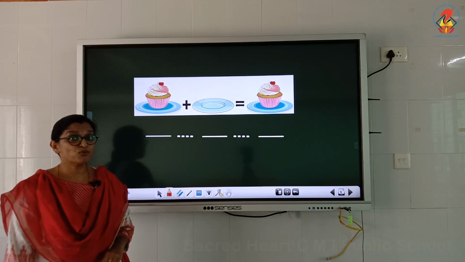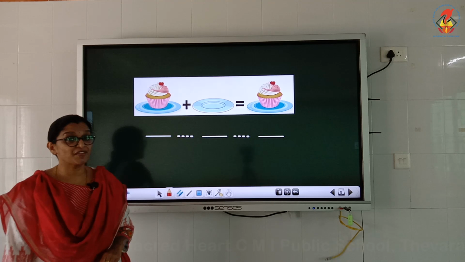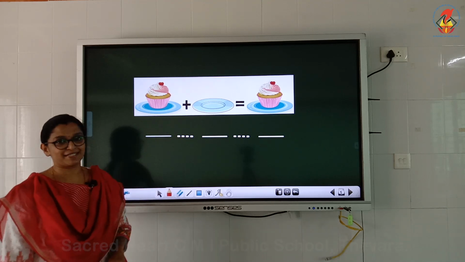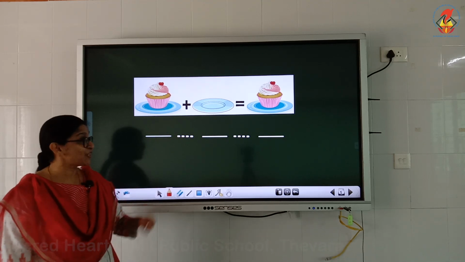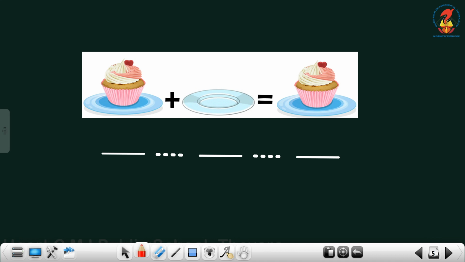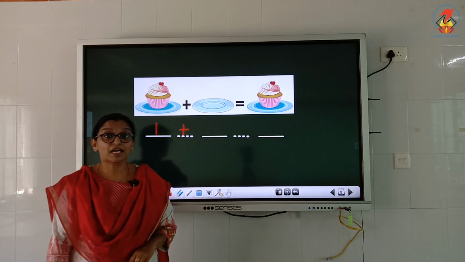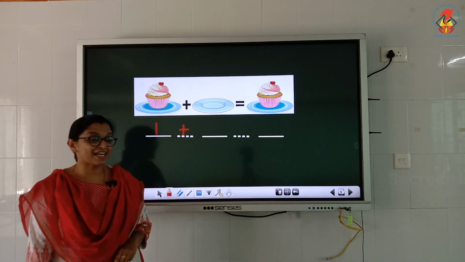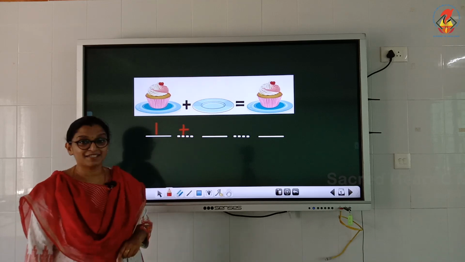Children, count how many cupcakes are there in the first plate. Correct. Only one cake. So I write here number 1. Then I put a plus. Now children, count how many cupcakes are there in the second plate.